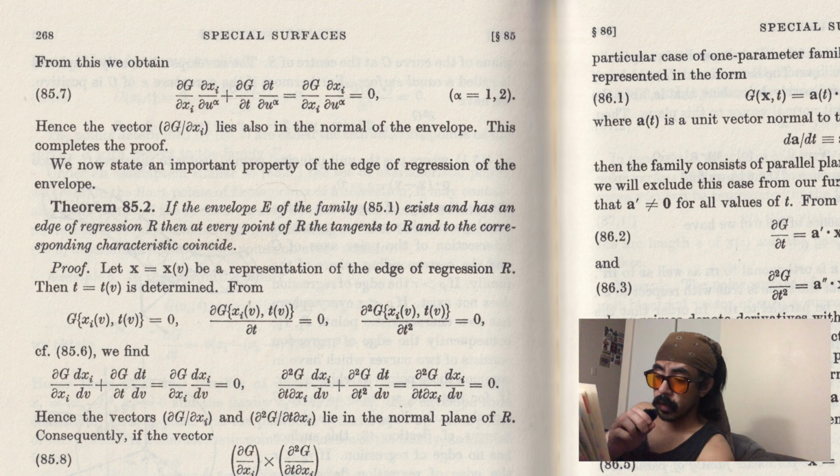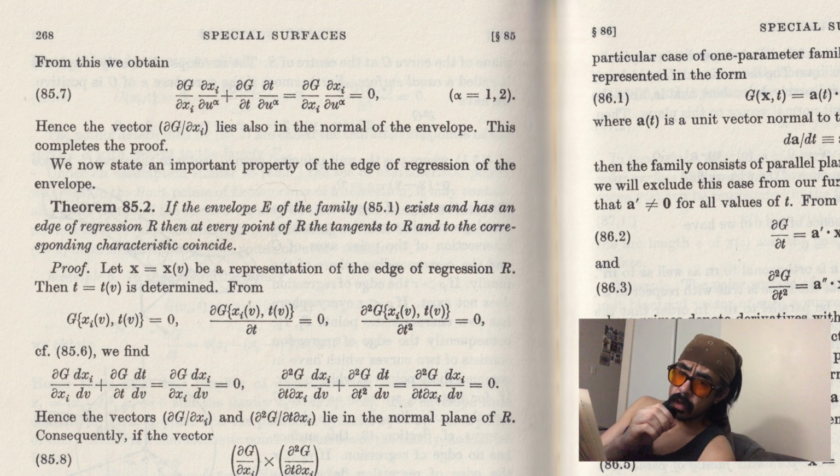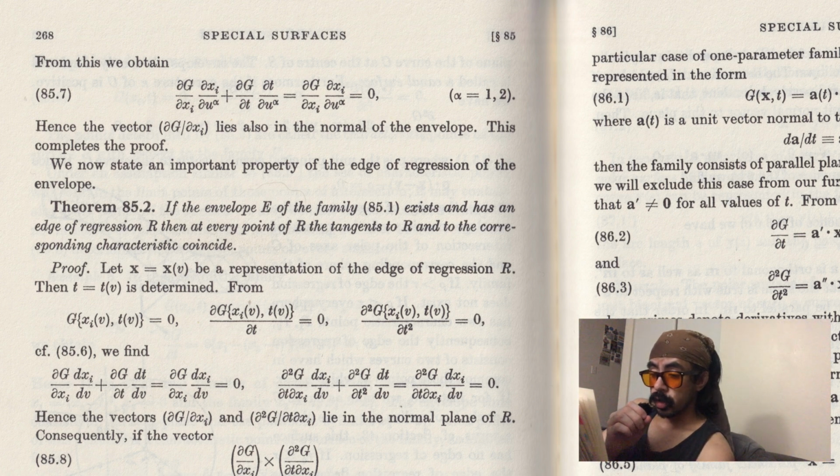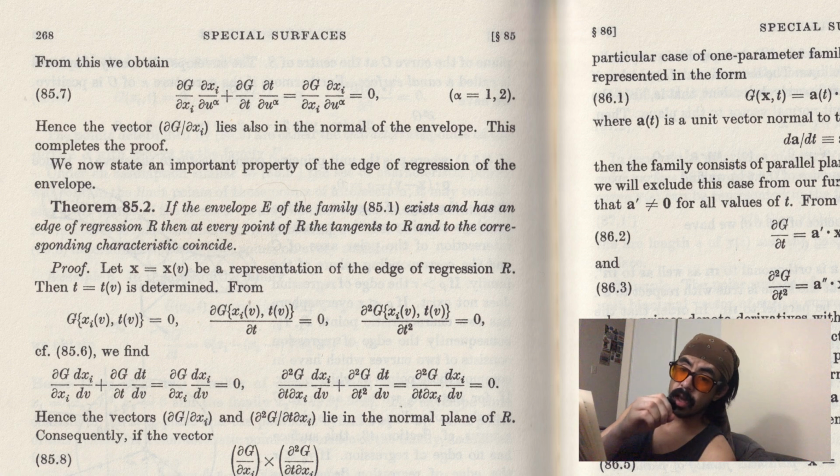Now the function capital G in terms of xi, now specifically in terms of v, and t, now specifically in terms of v as well, is equal to 0, and partial g partial t equal to 0, and partial squared g partial t squared equal to 0, for this likewise same g in terms of xi in terms of v and t in terms of v.